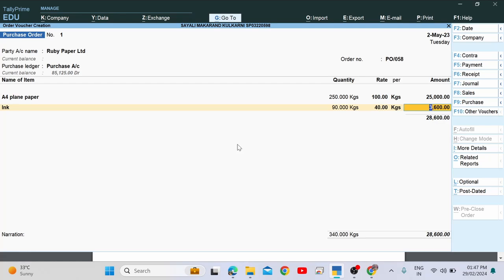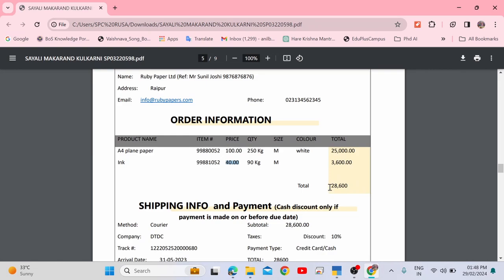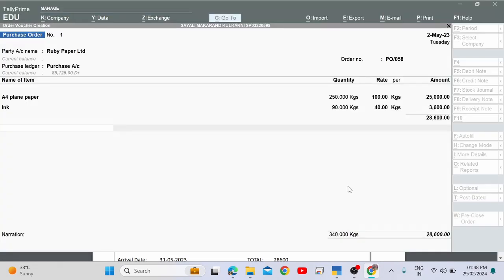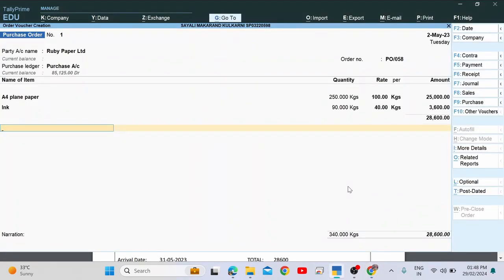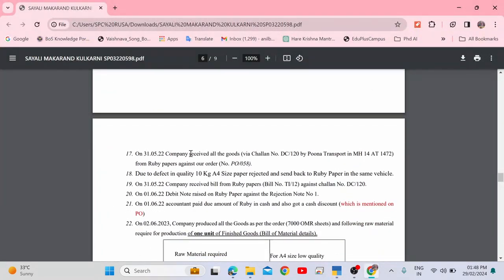Select that 40 per kilo, then accept. Any other ledger like shipping charges and all? No, we don't have that here. Total 28,600, and in Tally also we got 28,600. Accepted. So the purchase order entry is over.